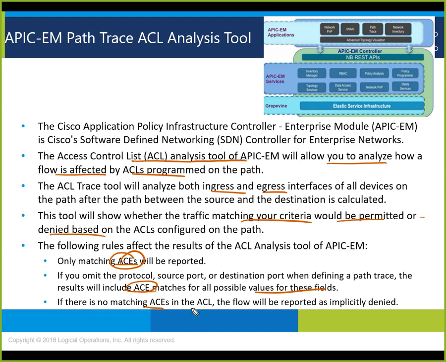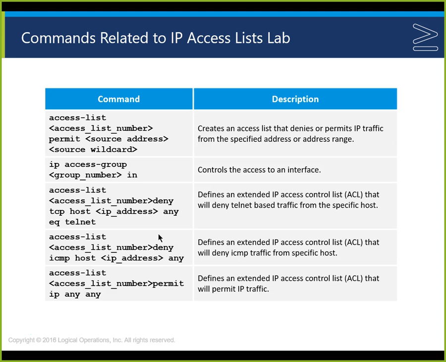If there are no matching access control entries in the access control list, then the flow will be reported as implicitly denied, and we do have to actually have an access control list before that happens. If there's no matching access control entry, it will be reported as a deny on this thing.